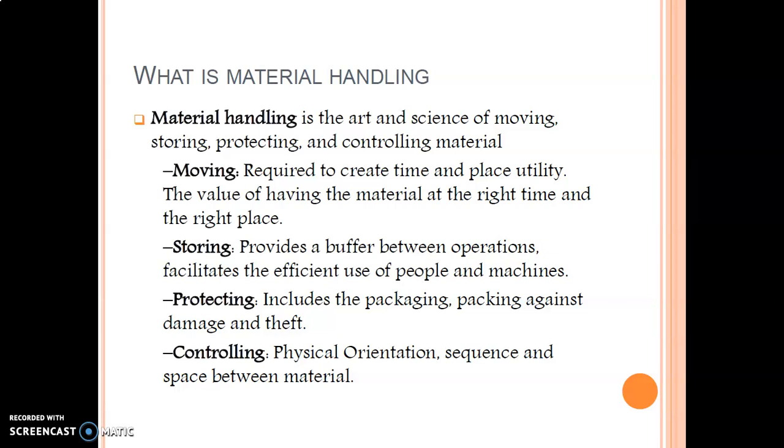So you have to take care of all the things as per the product you are handling. And this is also a very important aspect.